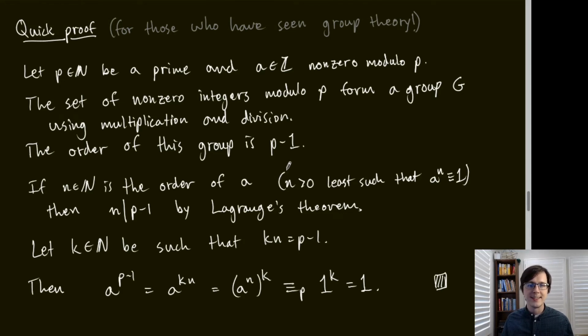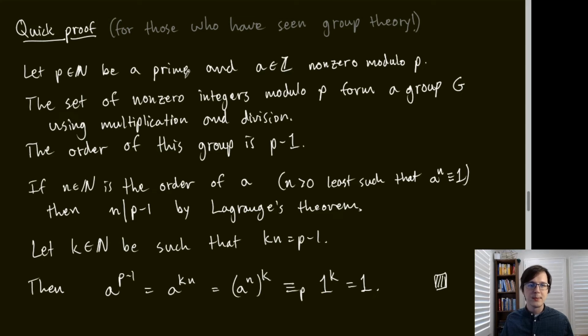As a side note, when I was first learning this stuff long ago, I tried to look it up on Wikipedia, and this was the only proof they had. I was just like, I don't get it. I don't even know what groups are. But now that I know what groups are, I think it's a very nice proof. It's very quick.